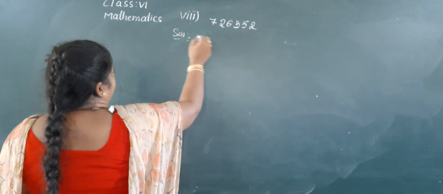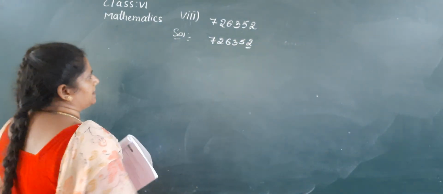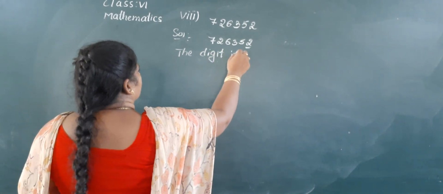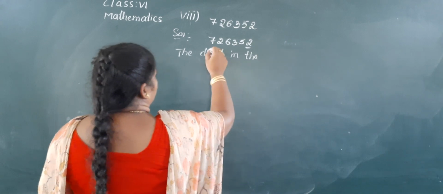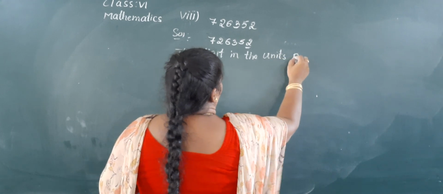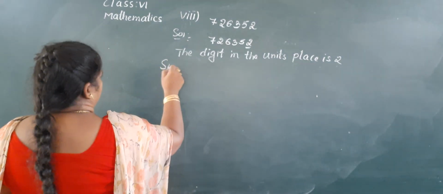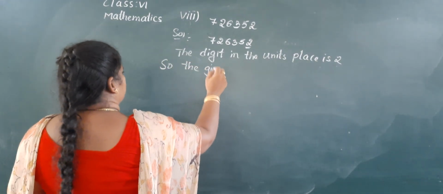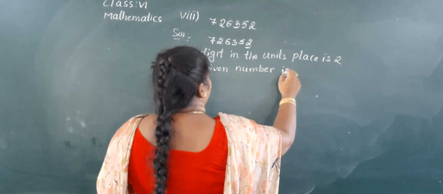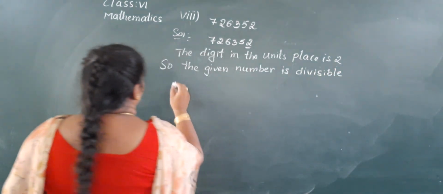So first you take down the given number and check it. What is there in the units place? Yes, 2. So the digit in the units place, same like that, Nana. How we did in the before problem, same like that. The digit in the units place is 2. So the given number is divisible by 2.